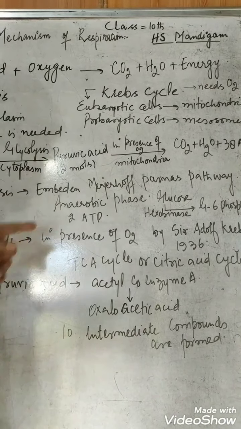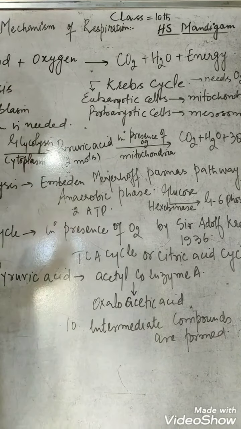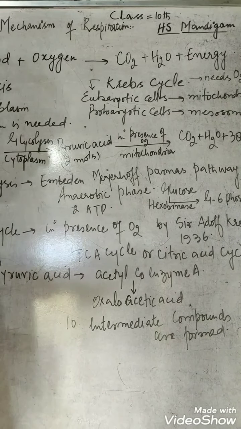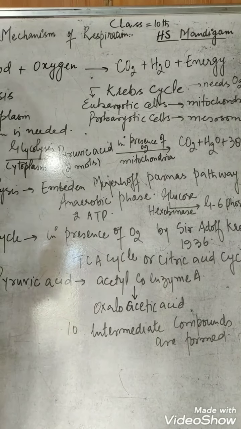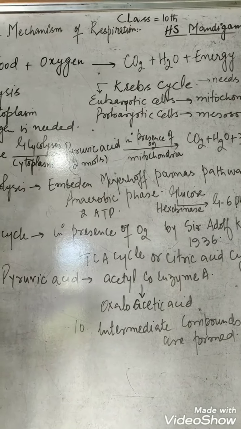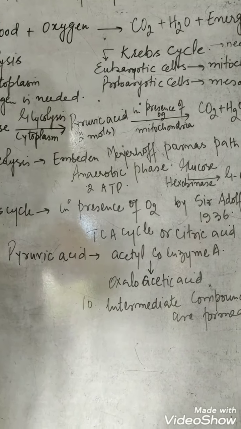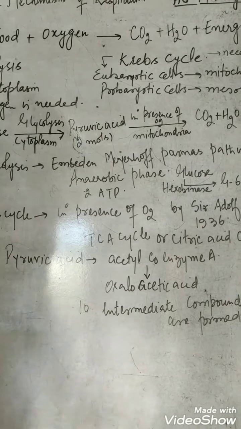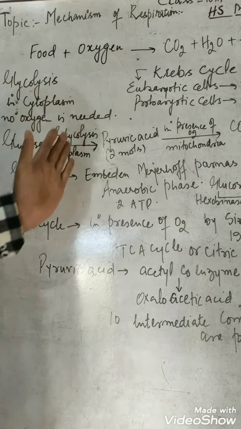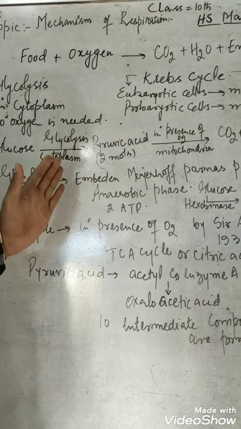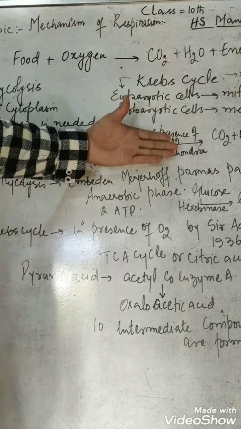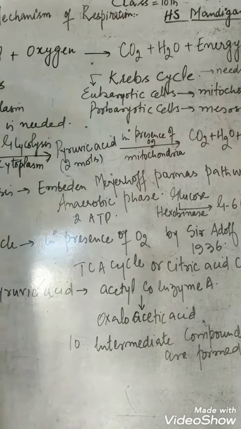Otherwise, those cells in eukaryotes which do not have mitochondria cannot have the aerobic phase of respiration. So now we will see how this aerobic phase and anaerobic phase differ from each other, and what happens in the absence of oxygen.